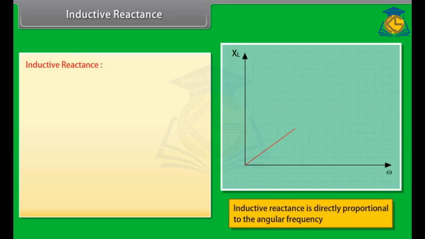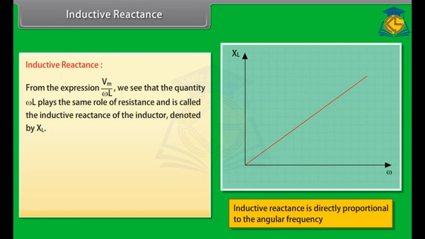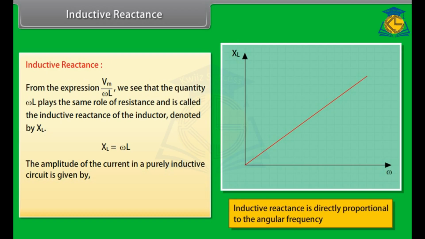From the expression Vm upon omega L, we see that the quantity omega L plays the same role as resistance and is called the inductive reactance of the inductor, denoted by XL. XL is equal to omega L. The amplitude of the current in a purely inductive circuit is given by Im is equal to Vm upon XL.